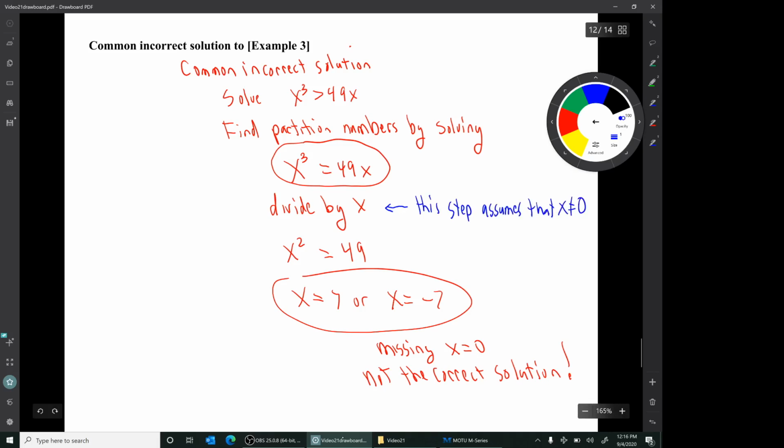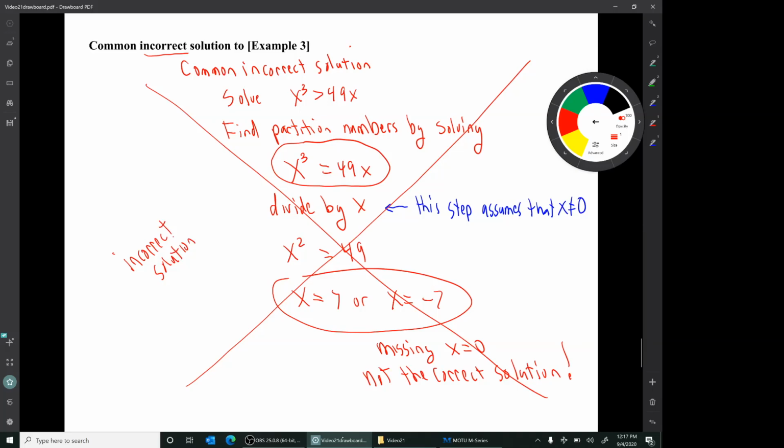Well, when you do that, you might miss the solution x equals 0. If it turns out that x equals 0 was supposed to be one of your solutions, you won't find it using this method because there's this step that basically assumes that x is not 0. So this whole solution is an incorrect solution. That's why I've written it in red. All right, that's the end of that example.